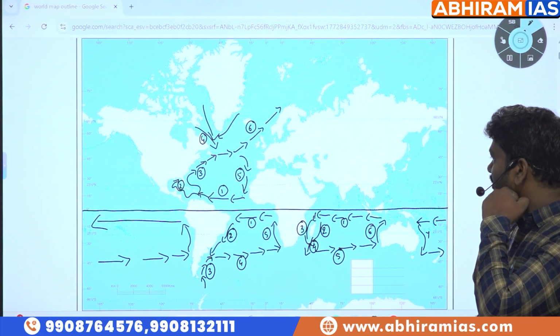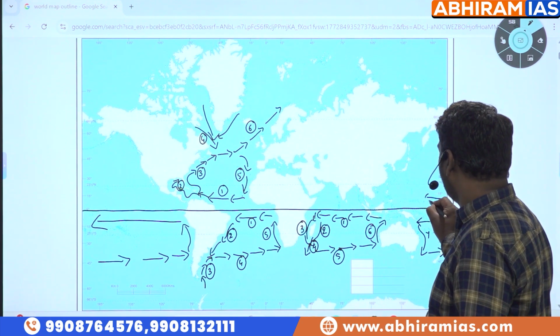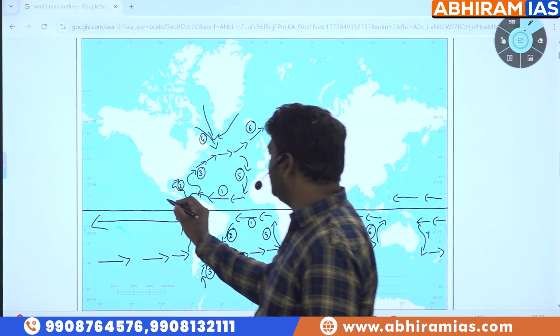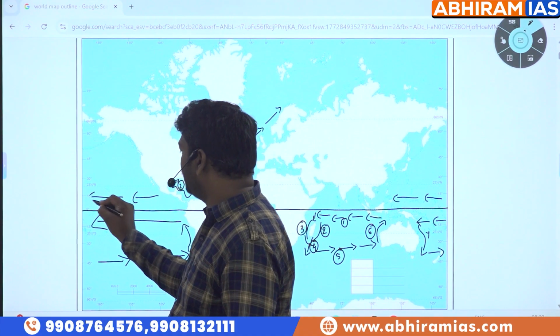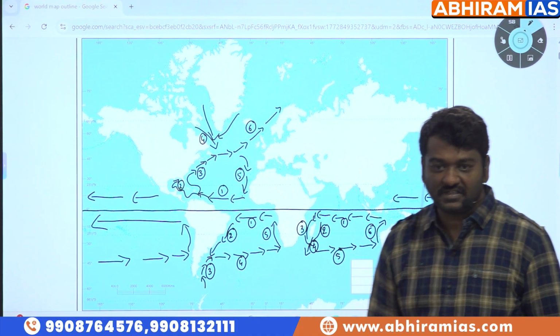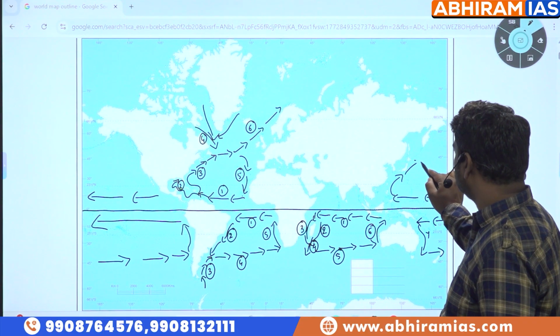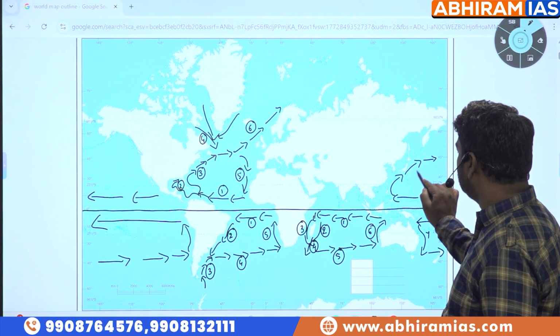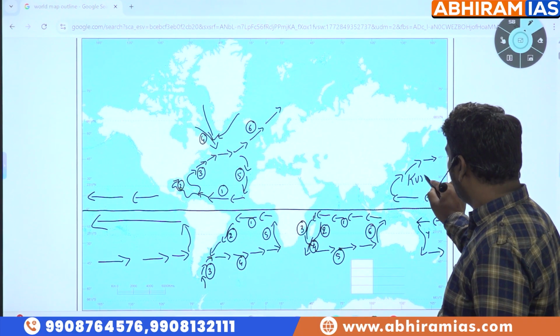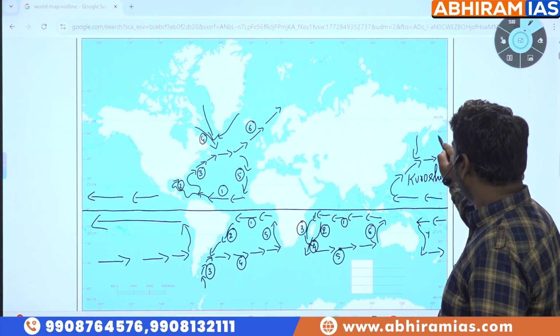Okay. Now guys, see this once above the Pacific Ocean. This is also going from east to west. Why is it going from east to west? Under the influence of which one? Northeast trade winds. After hitting, it starts going like this. What is this called, everyone? Kuroshio. One will come from here.